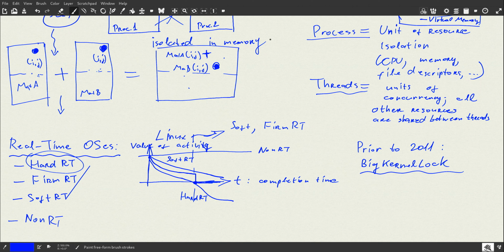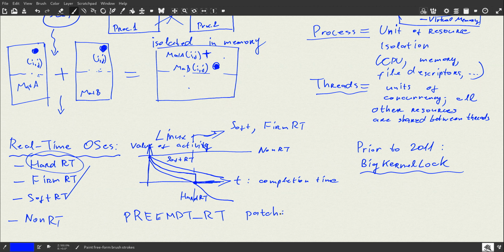There are third-party patches to the Linux kernel, and one of them is called the preempt-RT patch. So when it is fully incorporated into the Linux kernel, Linux will become a fully real-time operating system.